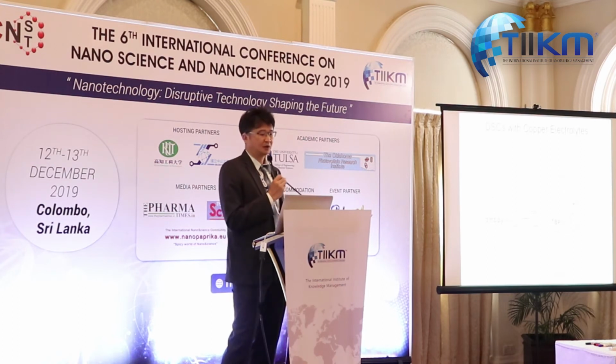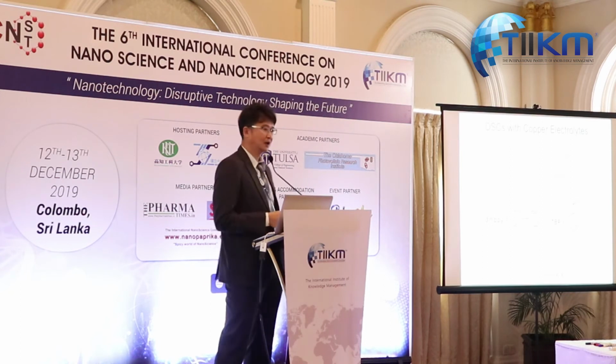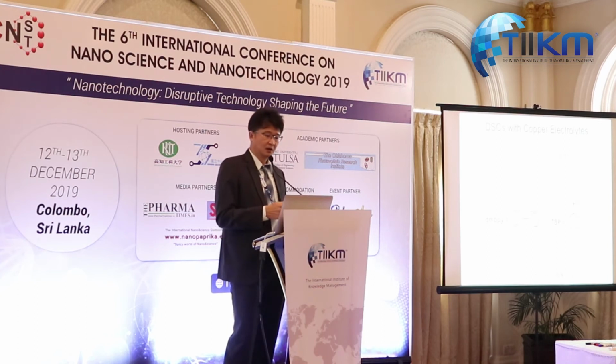In the devices, tert-butylpyridine is generally used as an additive to upshift the conduction band of titanium dioxide and also reduce charge recombination. However, with the addition of tert-butylpyridine in DSC, the tert-butylpyridine reacts with copper electrolyte.